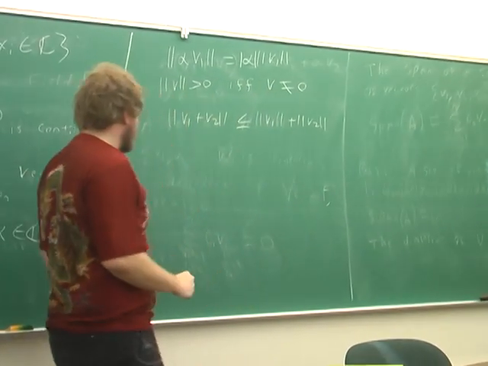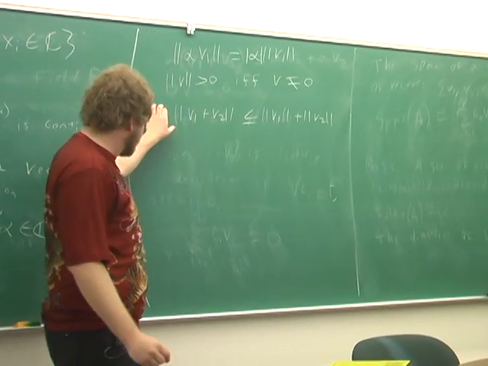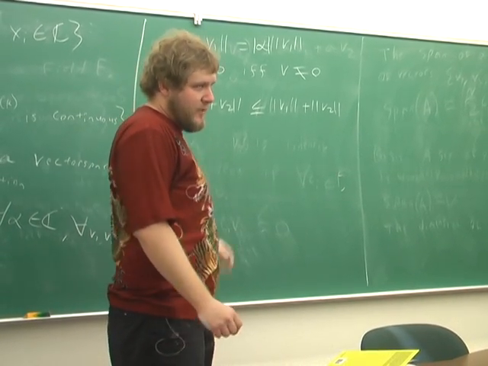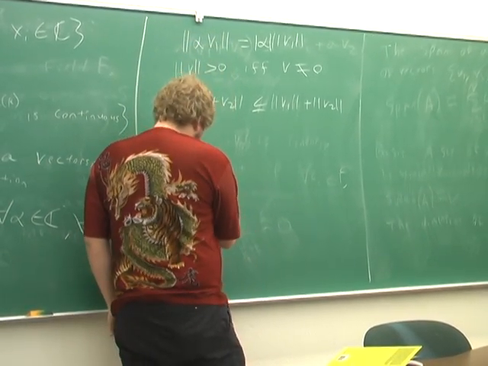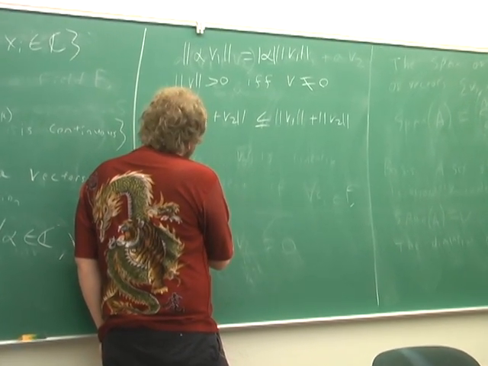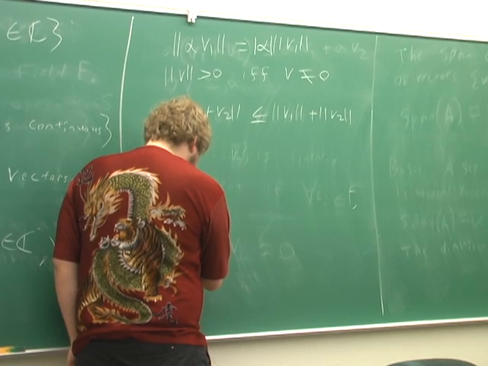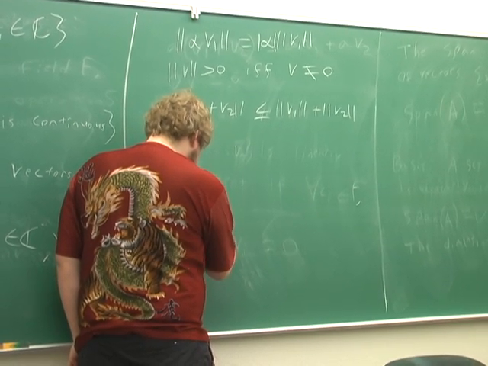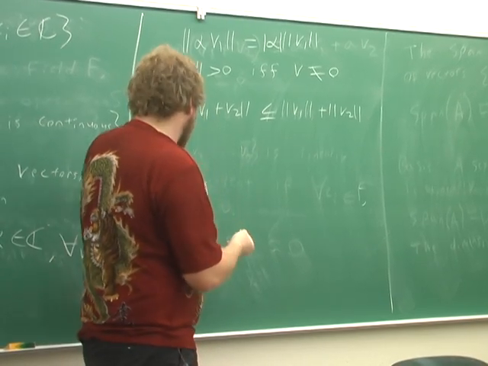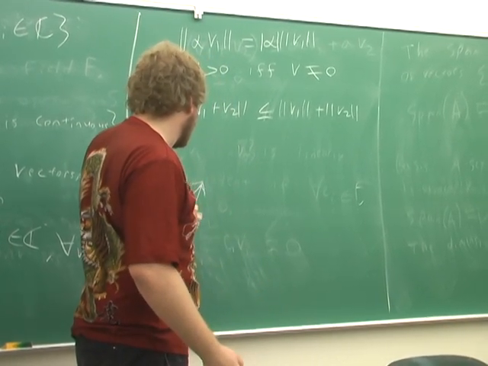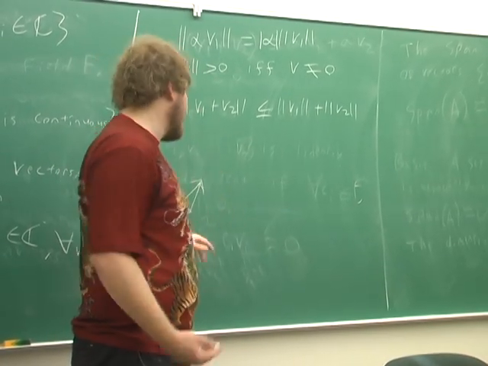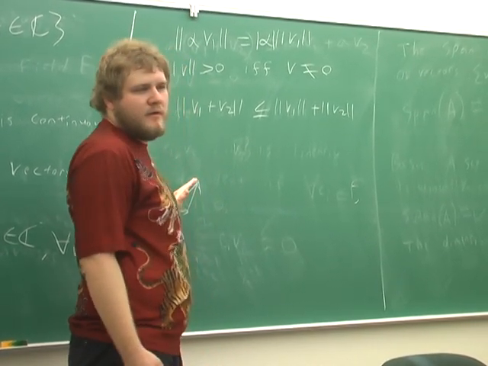Okay. So this one is very important, very useful. It's the triangle inequality. And it comes from, again, in R2, if we have a vector, then for any triangle, the lengths of these two vectors is always greater than the length of their sum.